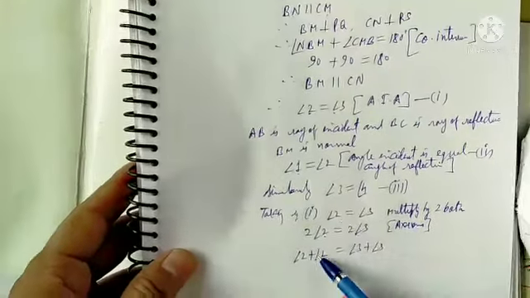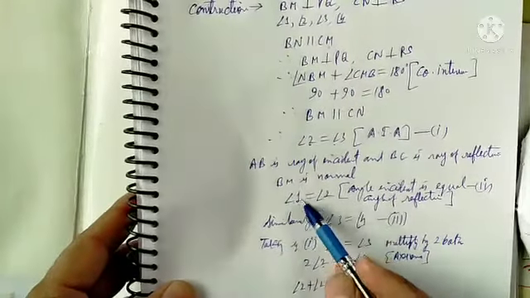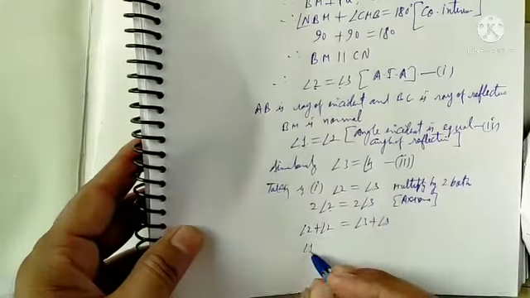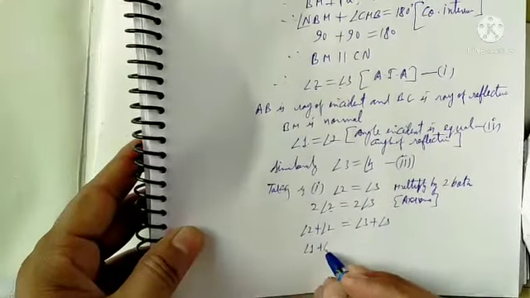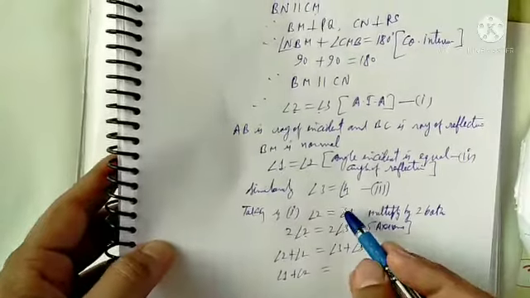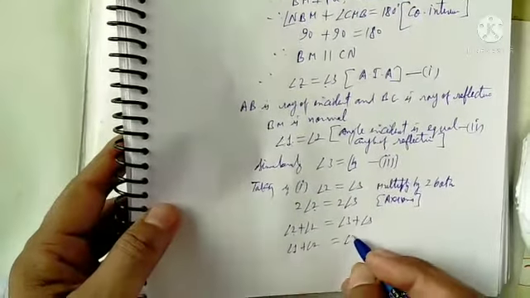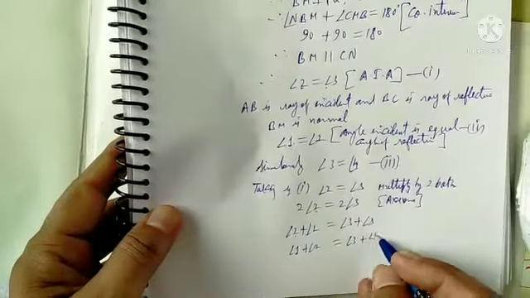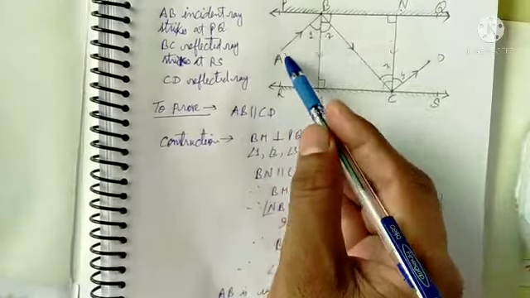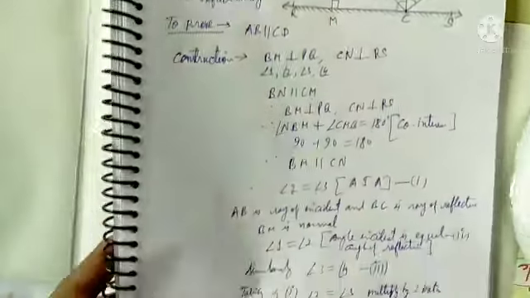And now you know angle 2 and angle 1 are equal, so why can't you replace it? In place of angle 2, write angle 1, so angle 1 plus angle 2. And angle 3 and angle 4 are equal, so write angle 4 in place of angle 3. Now angle 1 plus angle 2, what can you say? Angle ABC.